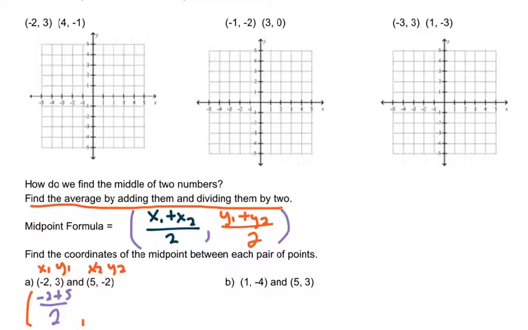That's for your x coordinate. And then your y coordinate would be 3 plus -2 divided by 2. And that would equal, so -2 plus 5 would be 3/2. And then 3 plus -2 would be 1/2.